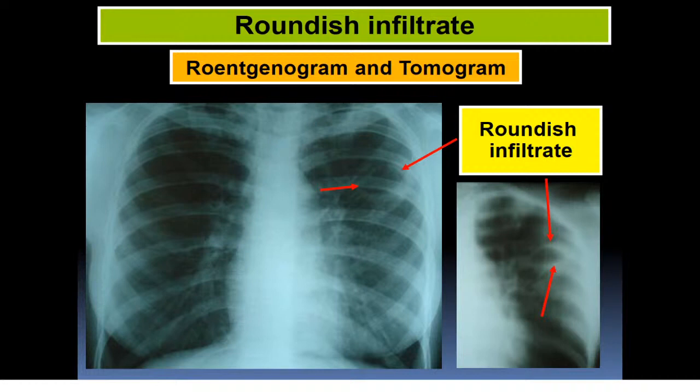If we have doubt about formation of a cavity when looking at the X-ray, we should do tomography for confirmation of destruction in the lung tissue. Destruction is better seen on tomography and on CT scan.